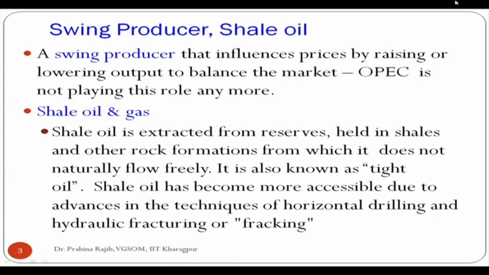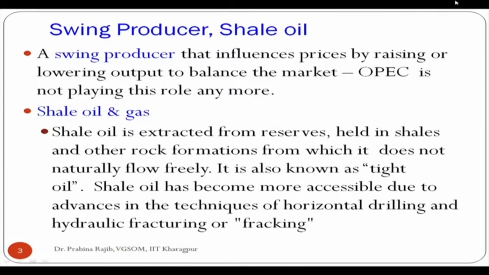Now during 2014-15, around November 2014, OPEC decided not to play this role anymore. OPEC did not reduce production, even if the crude oil price was going down substantially in a progressive manner. OPEC decided not to play the swing producer role and decided not to cut the production amount.